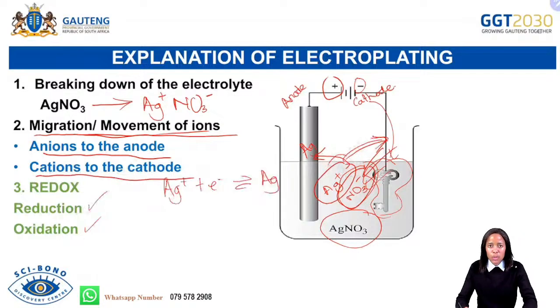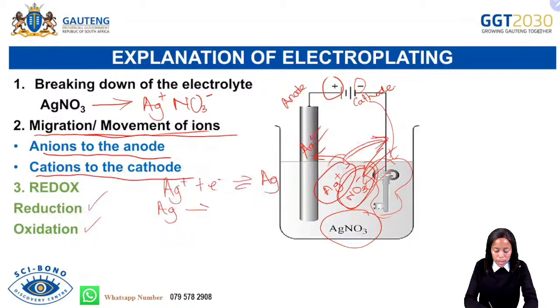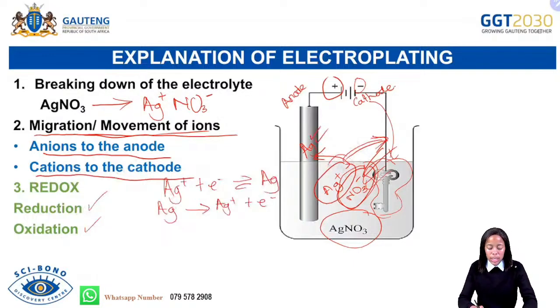So from here, when it comes to electroplating, the silver will have to be written in terms of oxidation, and it will also have to be written in terms of what? In terms of reduction. So how will you write the silver in terms of oxidation? You are going to write it from the right to the left. So it will be silver going into what? Into Ag plus plus 1 electron.